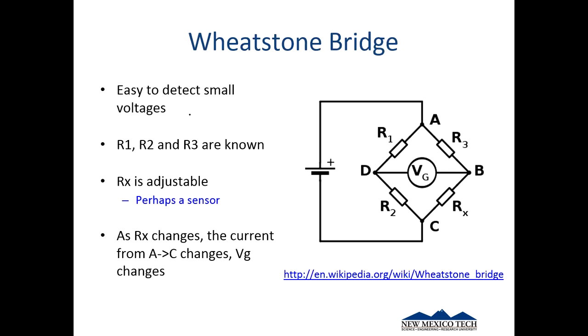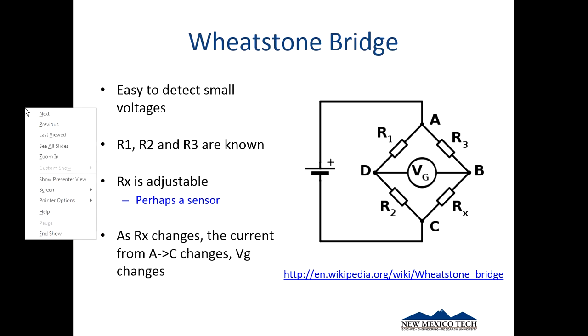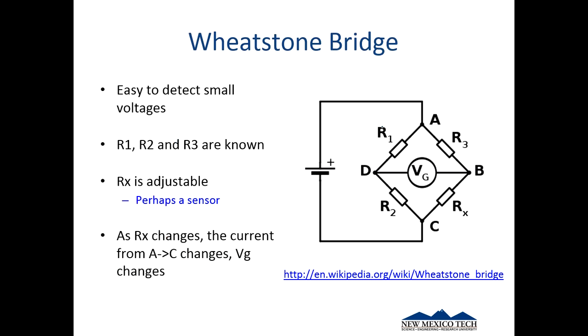Okay. One that's a little more related to instrumentation is the idea here of a Wheatstone Bridge. And the way the Wheatstone Bridge works is, as it turns out, it's actually a little bit hard to measure resistance, but it's really easy to detect even really small voltages.